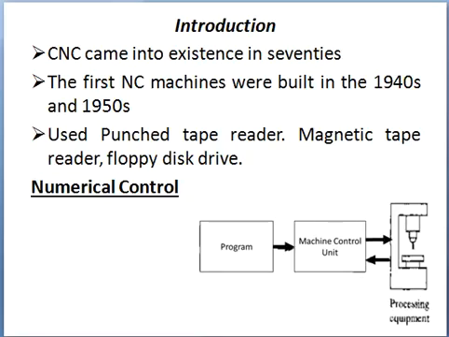Here, as the instructions were prepared, the instructions were sent to the machine, and the machine used to start working on a particular component. Numerical control machines have a display unit inbuilt into the machine itself.